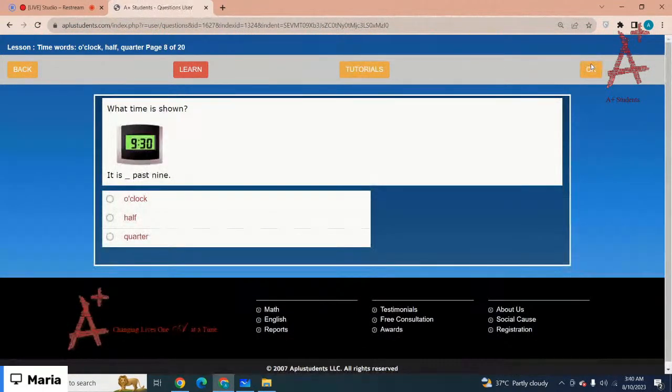Okay, what time is shown? So which is the correct option? The correct option is half past 9.